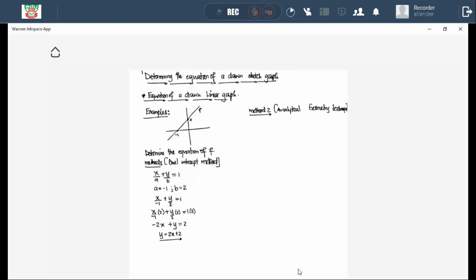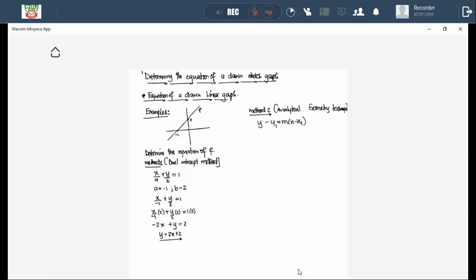How do I come up with the equation of a straight line? This is a basic straight line, and from analytical geometry, to come up with the equation of a straight line, you need the gradient, you need a point where this line passes through. Okay, so you can say y minus y1 is equal to m in bracket x minus x1.